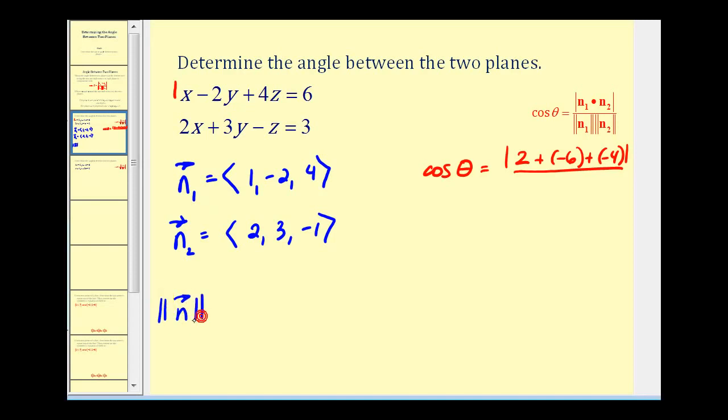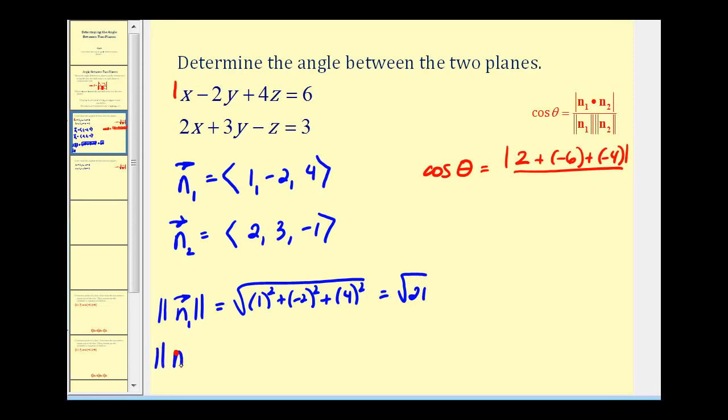The magnitude of the first normal vector will be equal to the square root of 1 squared plus negative 2 squared plus 4 squared. And that's going to give us the square root of 1 plus 4 plus 16. That's the square root of 21.